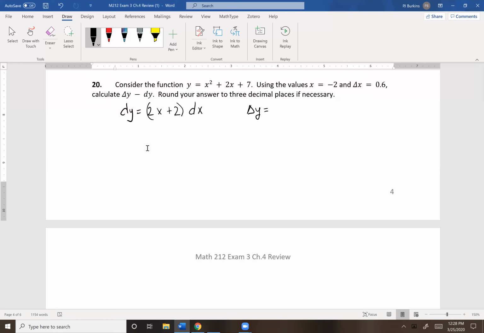So I'm going to ask you, how do we define delta y? Again, I'm going to grab the notes here. I think this is 4-5 that we did, in case you want to refer back. No, maybe not. Maybe it's 4-6. Yeah, 4-6 is the unit for this. So does anybody remember how we find delta y?